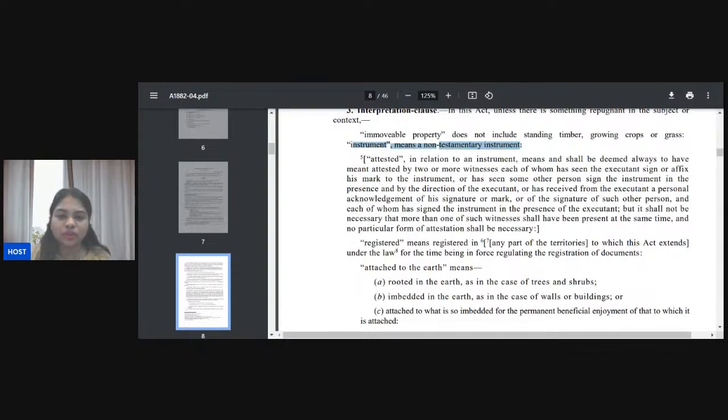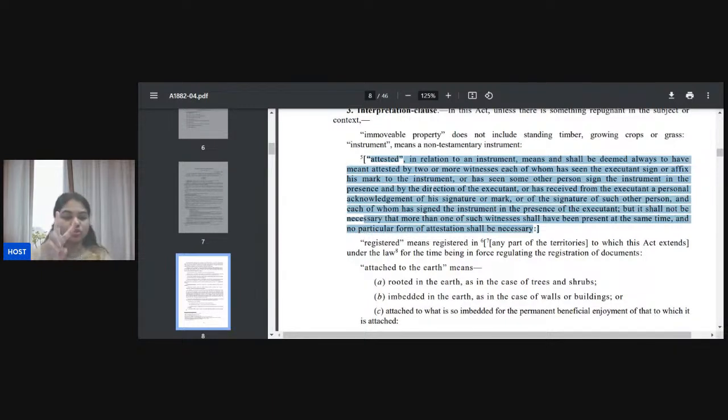Coming to the definition of attested. You know why we attest any document: for ensuring the authenticity or the truthfulness that it was executed properly by the people who should have executed it.